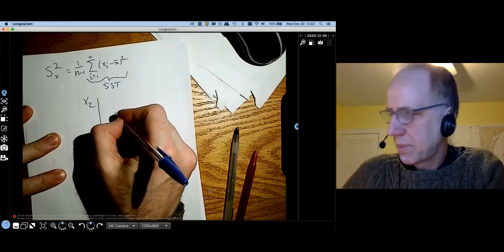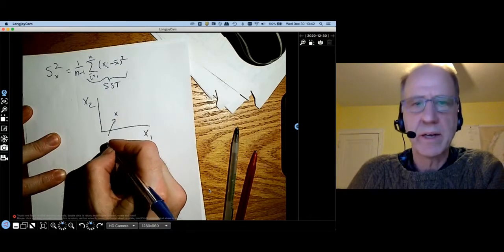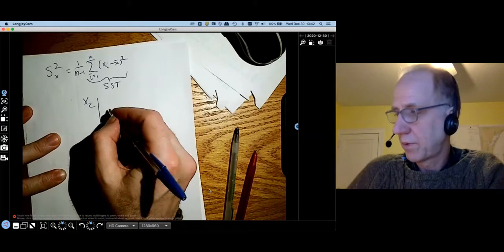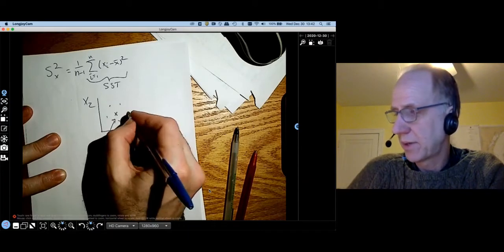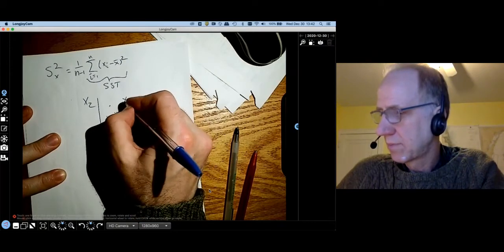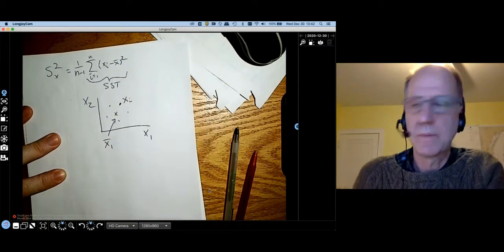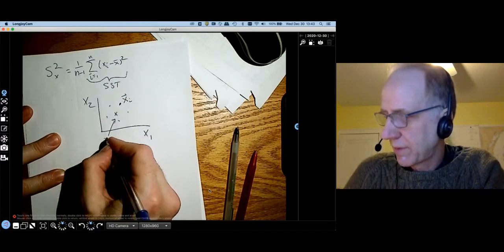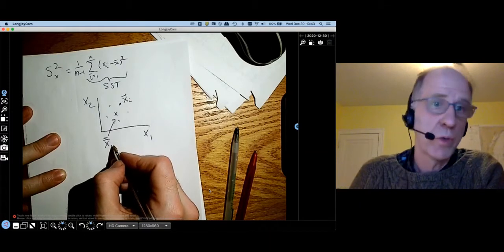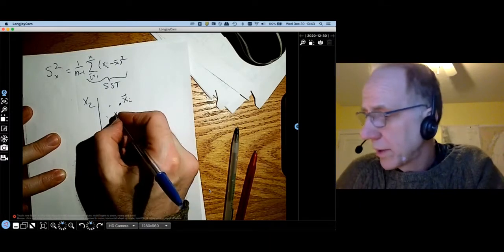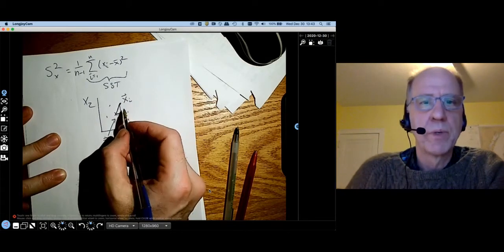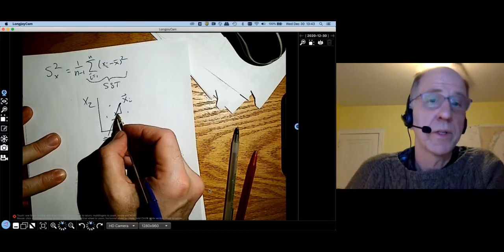If this is the cluster mean, so let me clearly identify this as x bar 1, the cluster mean for group 1, and maybe I've got some points out here. Let's consider some x. So this is maybe x sub i as a vector. So all of these are vectors. So when I take x sub i minus x bar sub i squared, what I'm really doing is finding the squared Euclidean distance between that observation and the cluster mean.